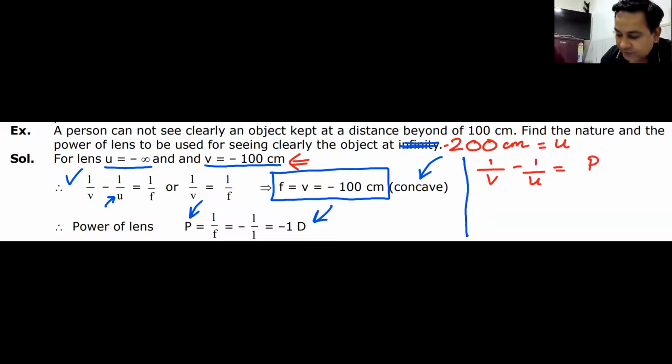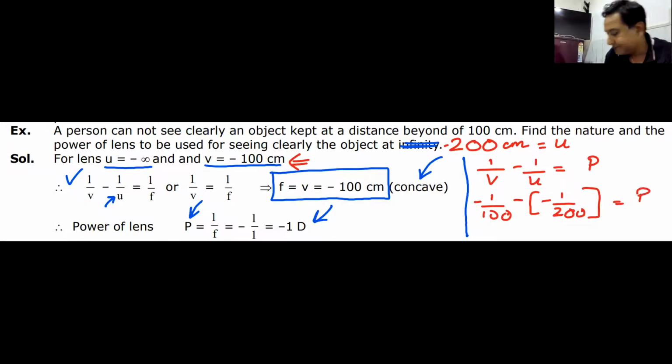Instead of putting it as 1 by f, I simply put the power P. Why should I find f and then find 1 by f and then find the power? Let us put 1 by v minus 1 by u as P. Do we get this? Yes or no? So it simply becomes minus 1 by 100 minus of minus 1 by 200 is equal to the power P.